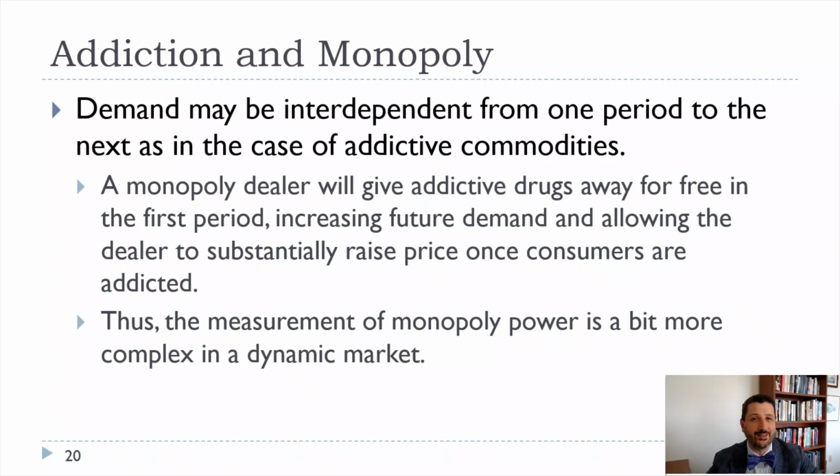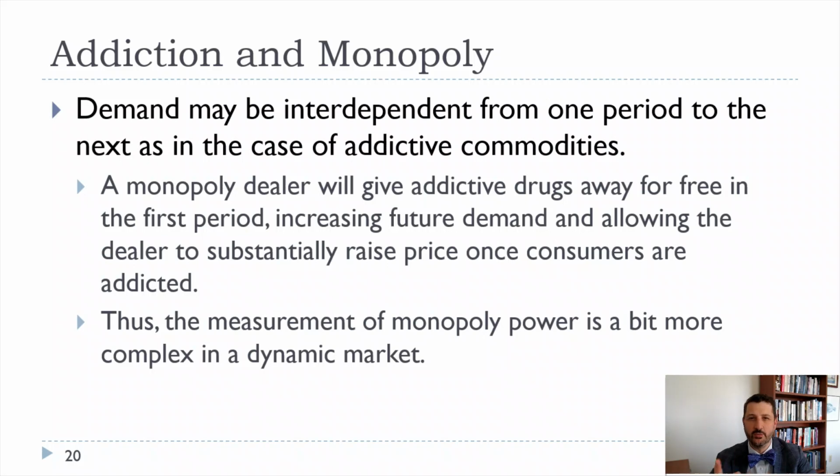And what we said in the last videos was that with a more elastic demand curve, prices are lower and profits are lower. And we can think of that as representing the pre-addiction phase. But then post-addiction, demand becomes much more inelastic. And so prices and profits are higher.